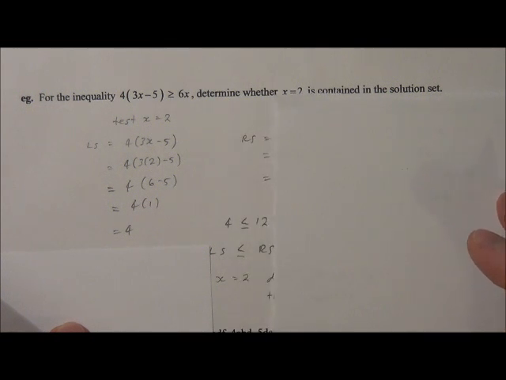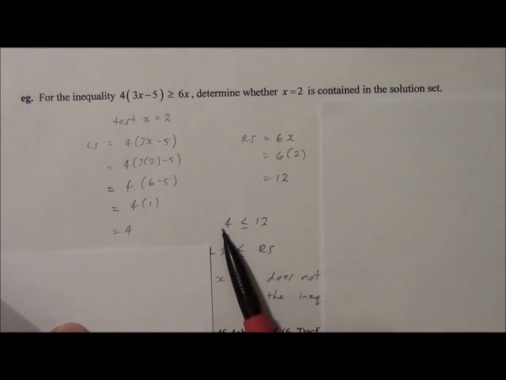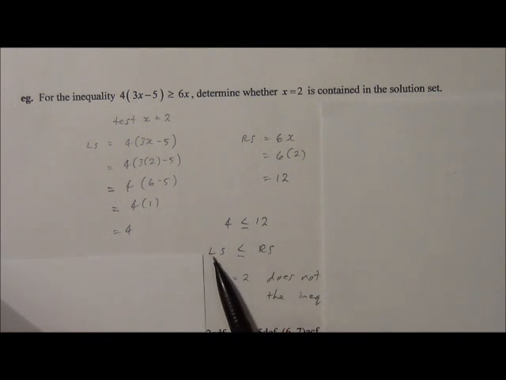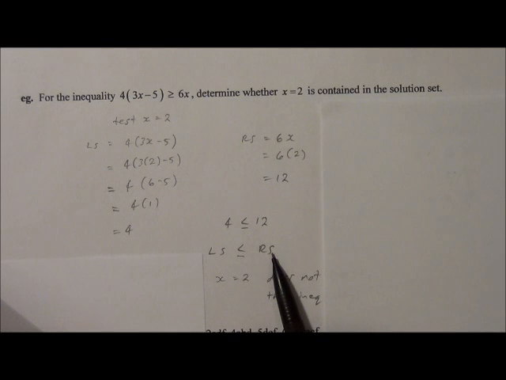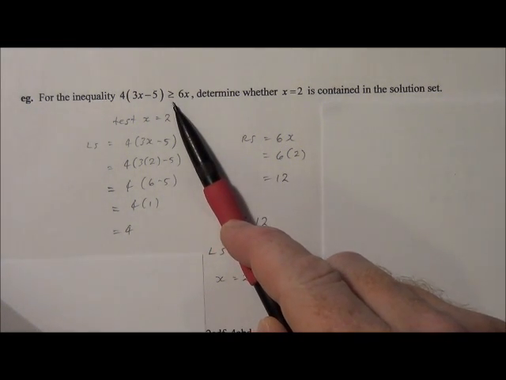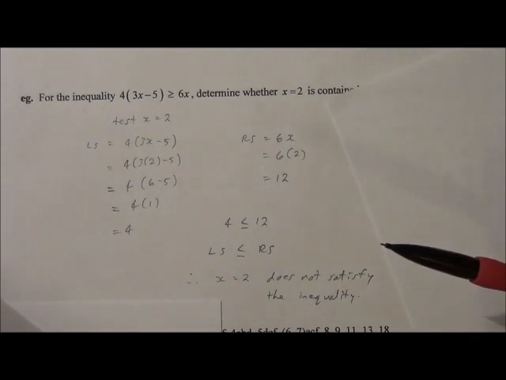Right side is 6x, substitute in the 2, so we get 12. 4 is less than or equal to 12, which gives us the left side is less than or equal to the right side, which is not the same as what we're initially given. We're given greater than or equal to. Therefore x equals 2 does not satisfy the inequality.